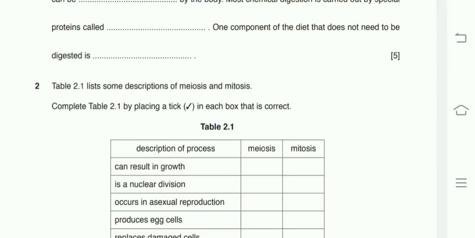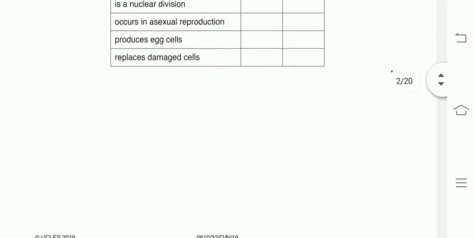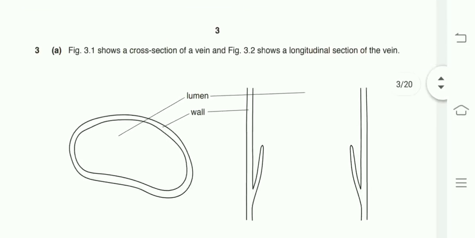Occurs in asexual reproduction, that will be mitosis. And then produce egg cell, here there will be mitosis and meiosis. And then replace the cells, there will be mitosis. Okay, then we continue.